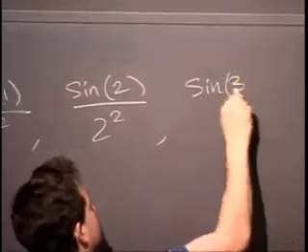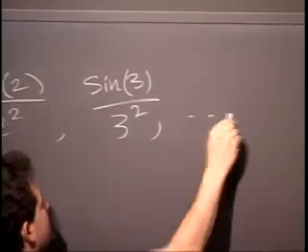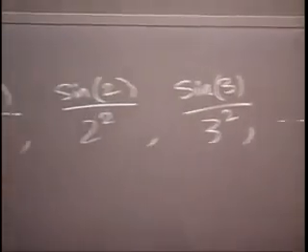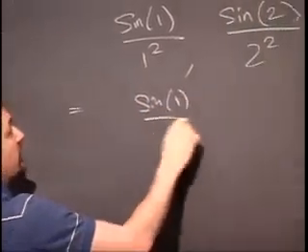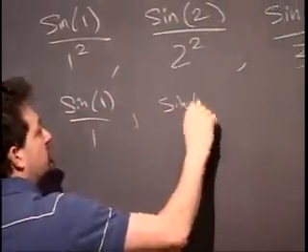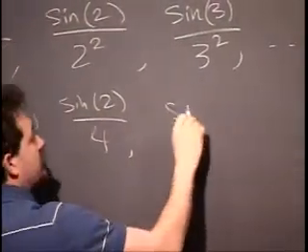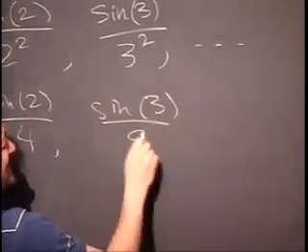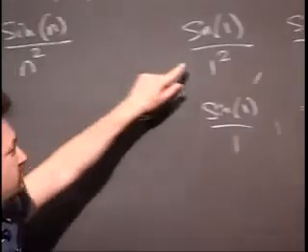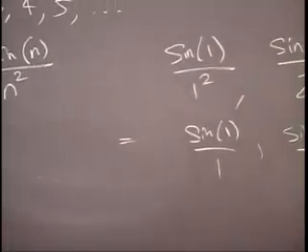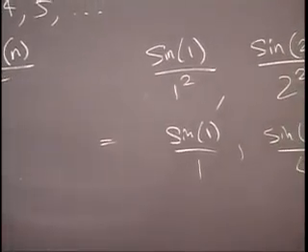Sine 3 over 3 squared, it's for n equals 3, and so on. So it's a rule. If you like, you can simplify it to sine 1 over 1, sine 2 over 4, sine 3 over 9, and then hope that the pattern 1, 4, 9 is seen, but I actually almost prefer it in the top sense. Okay, so that's a sequence.